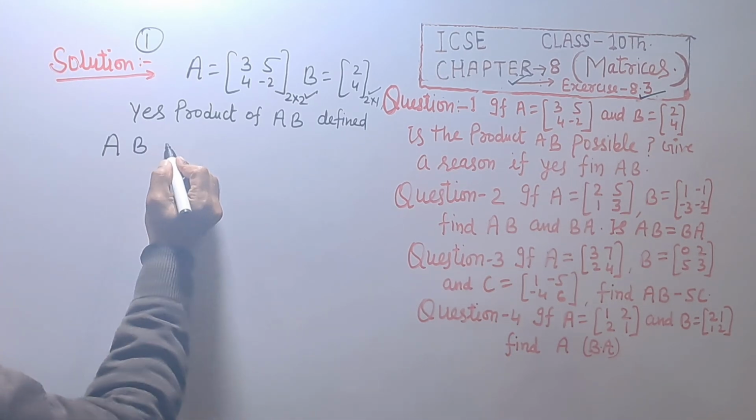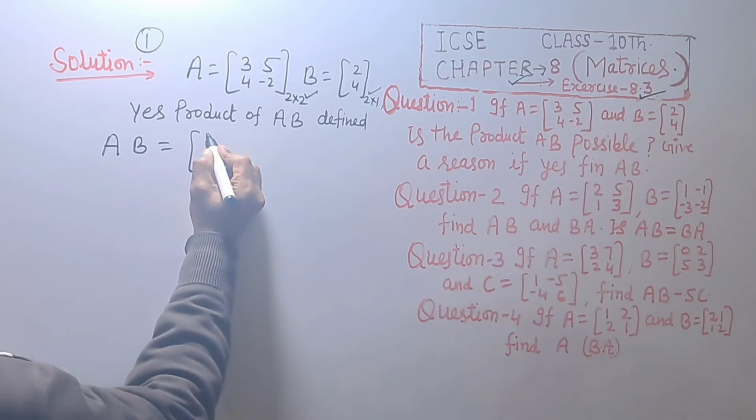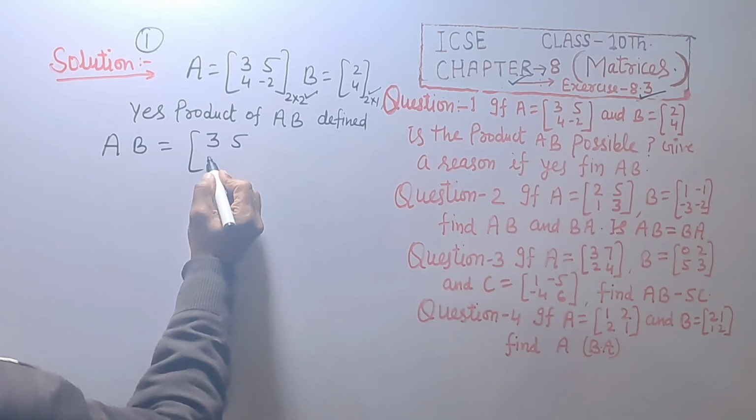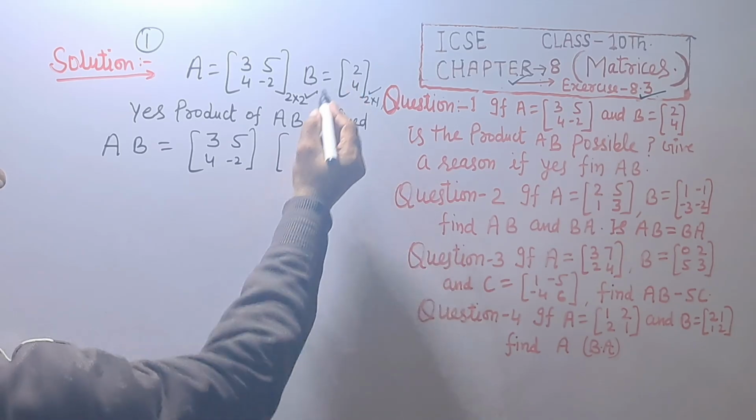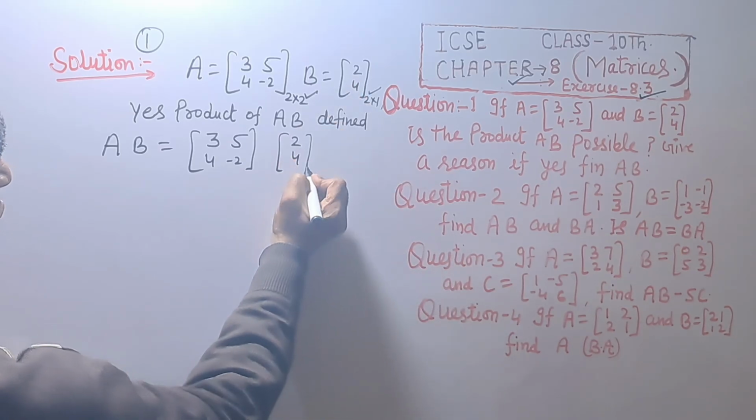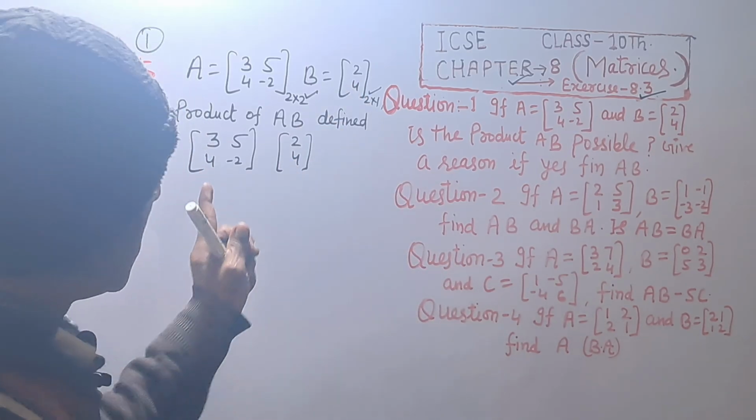A into B equals [3, 5; 4, -2] and matrix B is given as [2; 4].